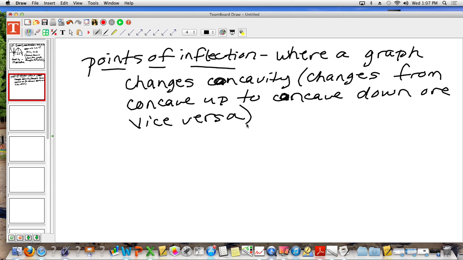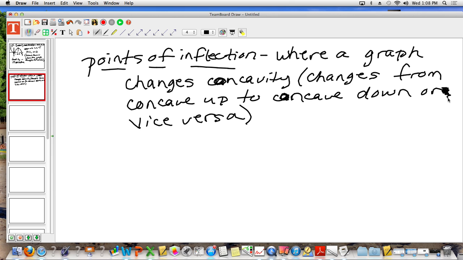And that just means when it changes from being concave up to concave down, or vice versa. It could go from concave down to concave up.